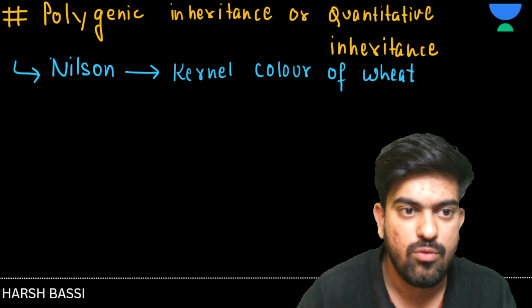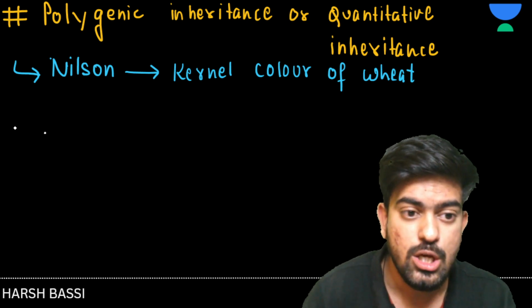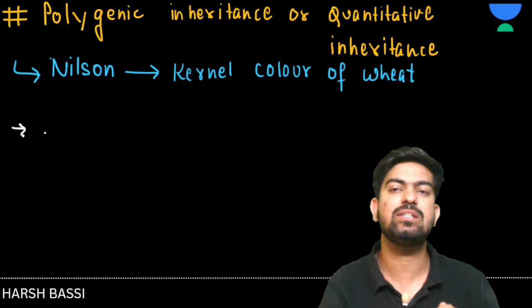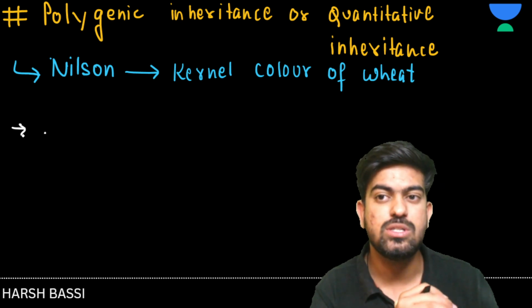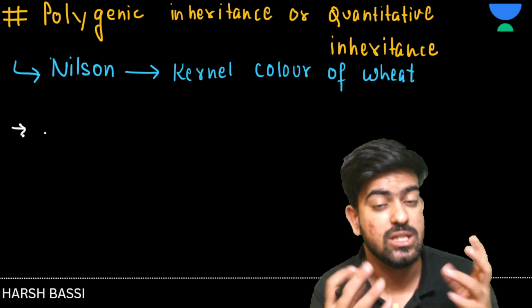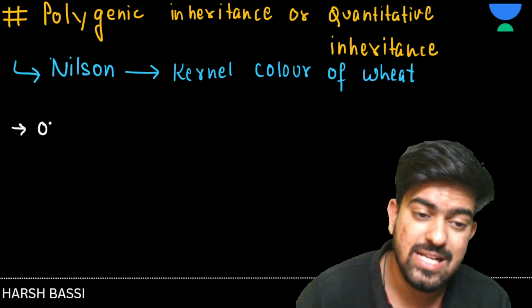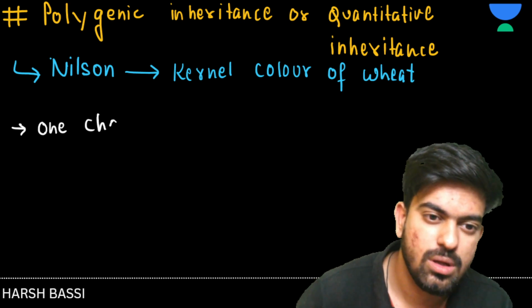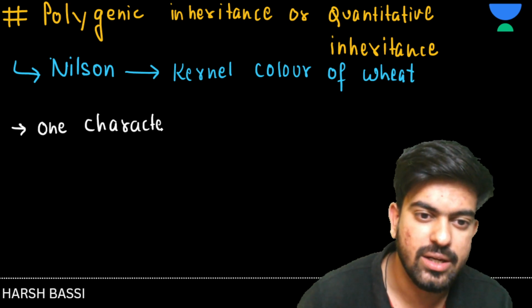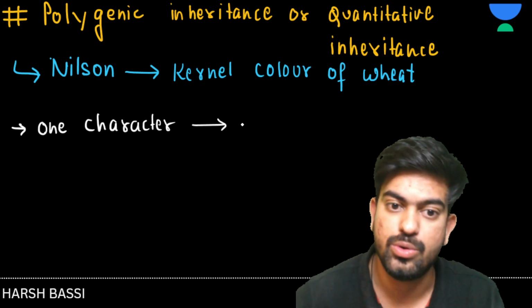Great. Now, what happens here? In multiple allelism, more than two alleles were controlling one character. But here, one character is controlled by more than two genes.